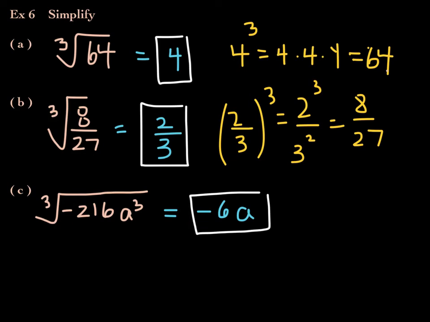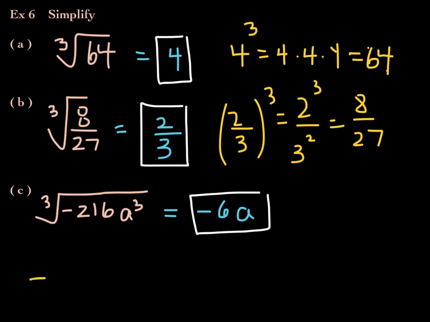Furthermore, 216 is a perfect cube. It's in that list that I just mentioned. 6 cubed gives me 216, okay? And then when I think about a cubed, a times a times a, or a cubed is a cubed, all right? So some justification here.